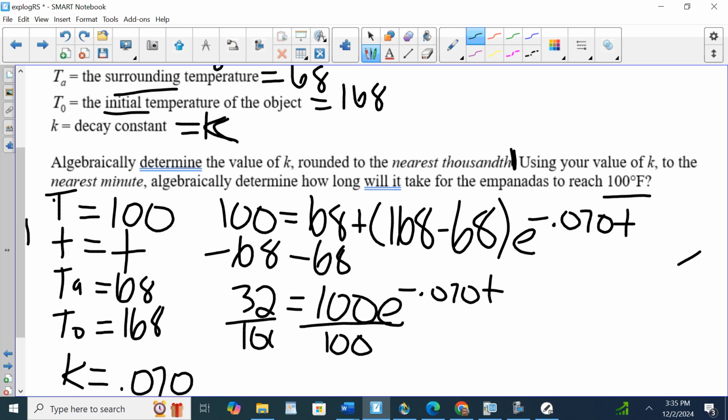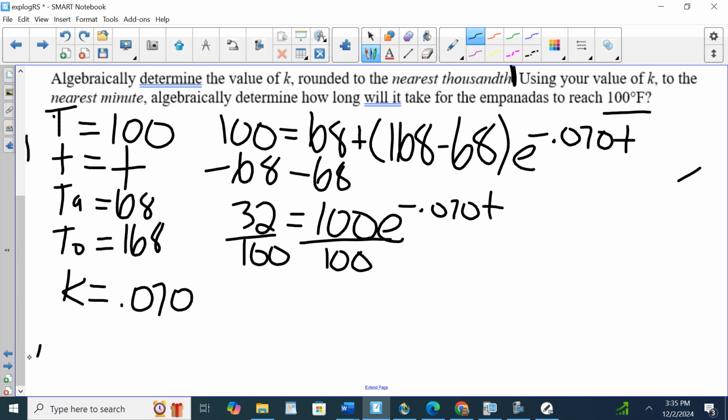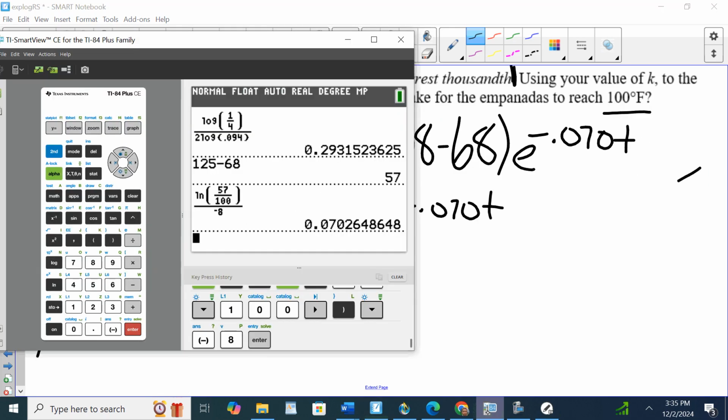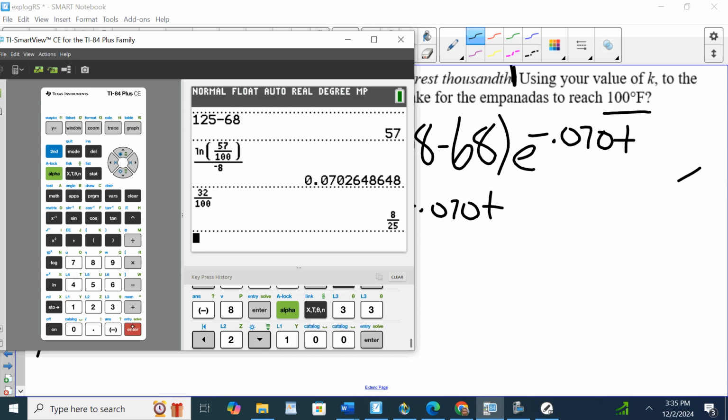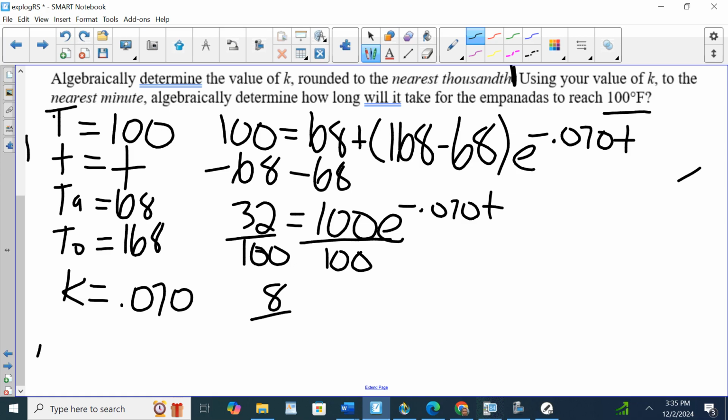Divide both sides by 100. 32 over 100. It's going to reduce to something. 8 over 25 equals e to the negative 0.070t.